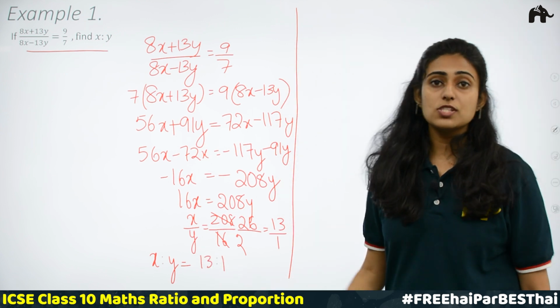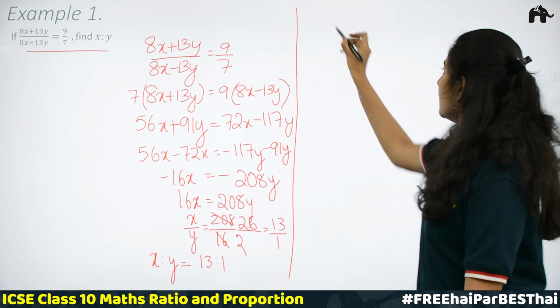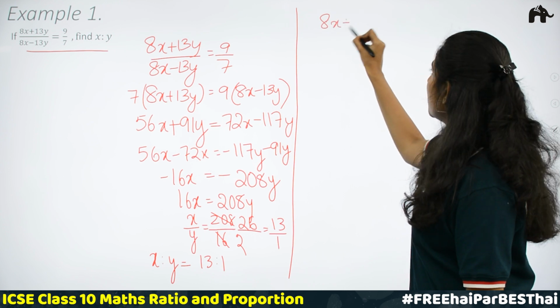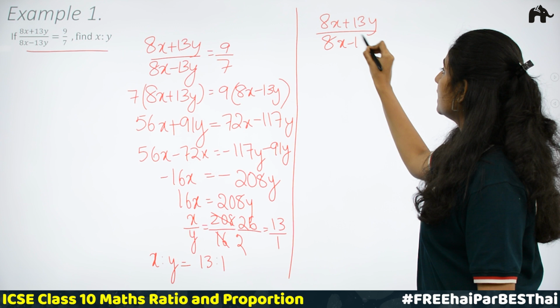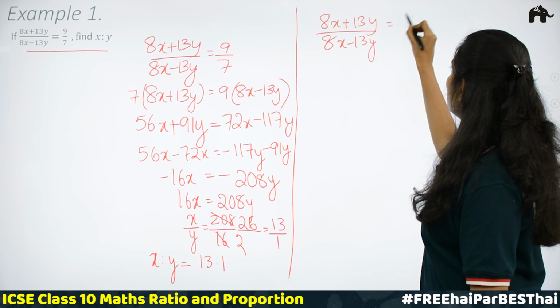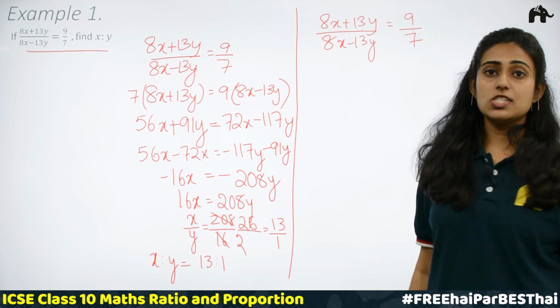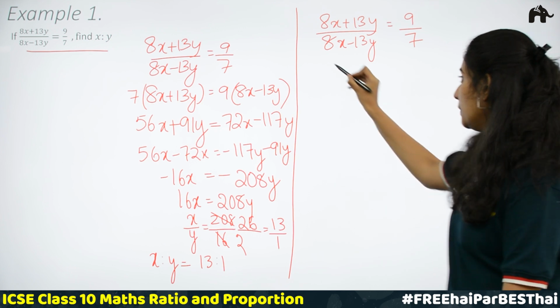Now, let us use the properties of proportion. Given (8x plus 13y) divided by (8x minus 13y) is equal to 9 by 7. We are using the componendo and dividendo property.